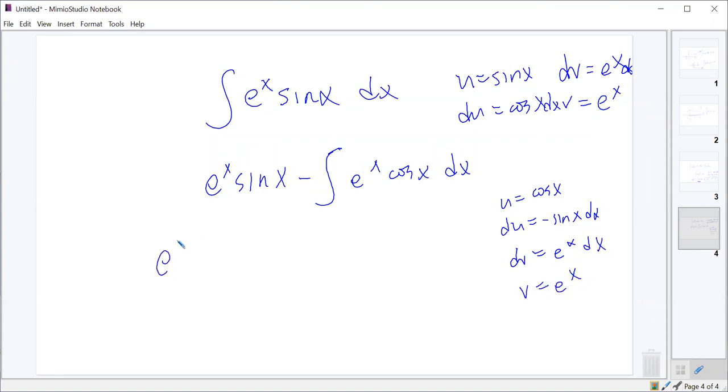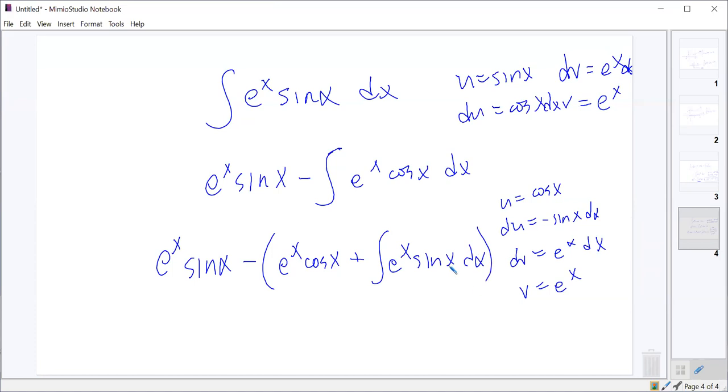And so this should become e to the x sine x minus, and then we've got u times v now, which is e to the x cosine x, and then minus the integral of v du, which is a negative sine x e to the x, but I can make that a plus e to the x sine x dx.